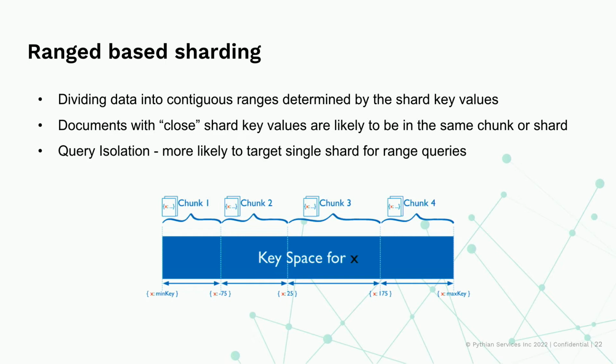For range-based sharding, it's good that you have high cardinality, low frequency, and your shard key is not monotonically increasing. With range-based sharding, if you have range-based queries, then it's more likely that with your queries you will hit a single shard because your data will be close together.